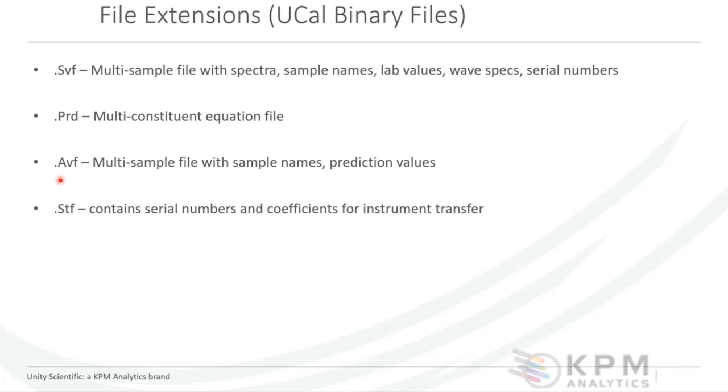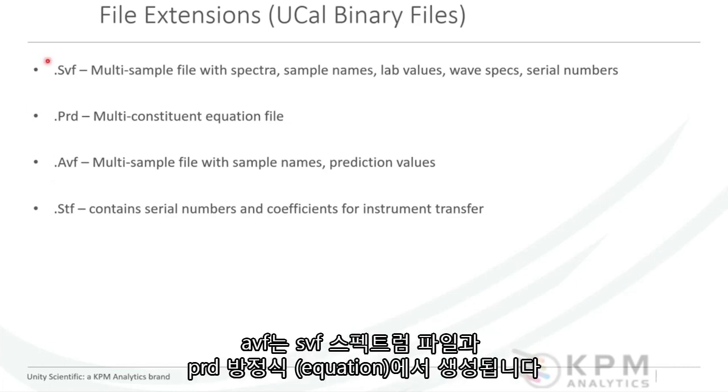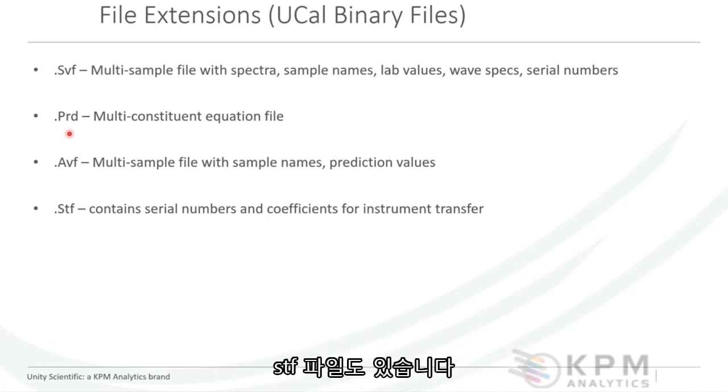We also have AVF files. These are predicted files. So they contain sample names and the predicted values from your NIR. The AVF is created from an SDF, a spectral file, and a PRD, or an equation file.